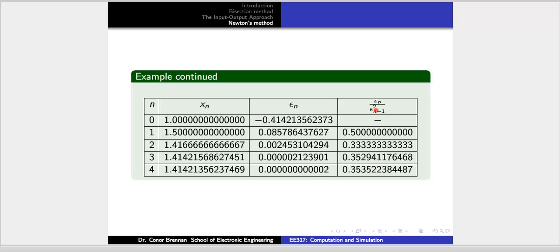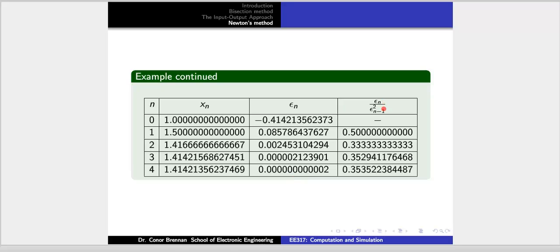Okay. And another thing we should notice is that we would expect the error at iteration n to be equal to the error at the previous iteration squared times some constant. Because remember, our error analysis suggested that the update gives us an error which is equal to the previous error squared multiplied by some constant.